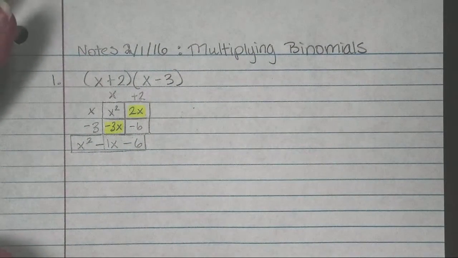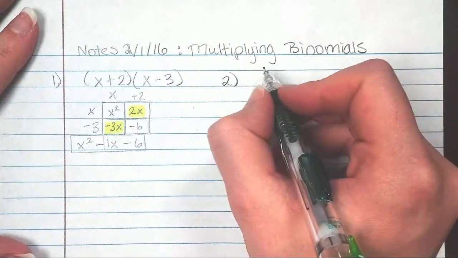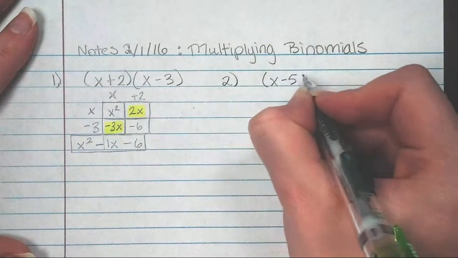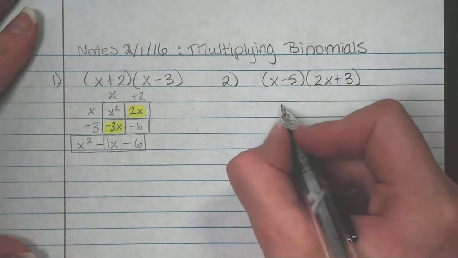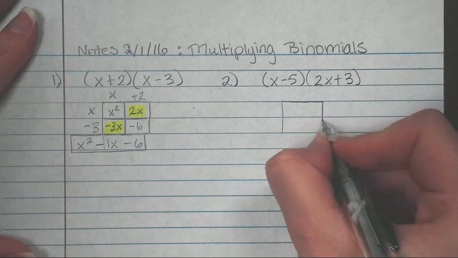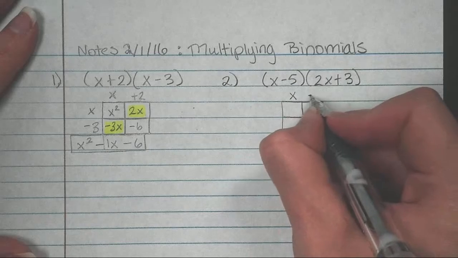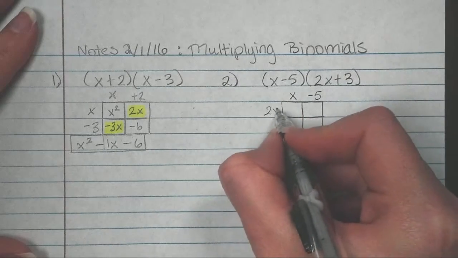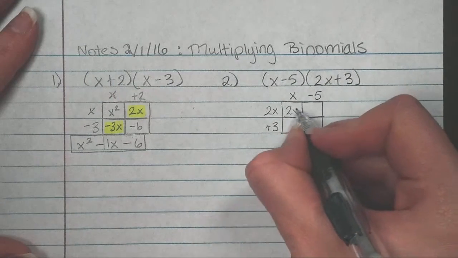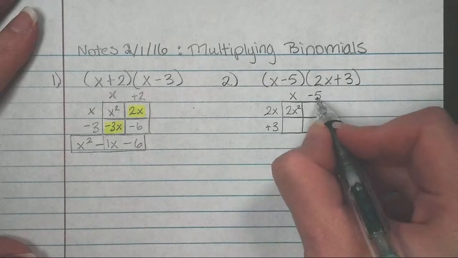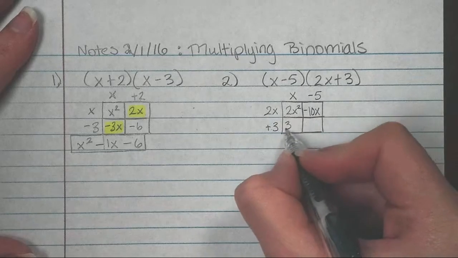Let's do one more with the box method. Number 2, x minus 5 times 2x plus 3. So draw your little box. I'm going to put my x and then my negative 5 here, and my 2x here, and my positive 3 here. So you have 2x times x, which is 2x squared. 2x times negative 5, which is negative 10x. 3 times x, which is positive 3x.